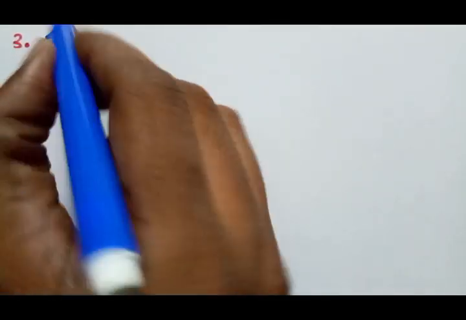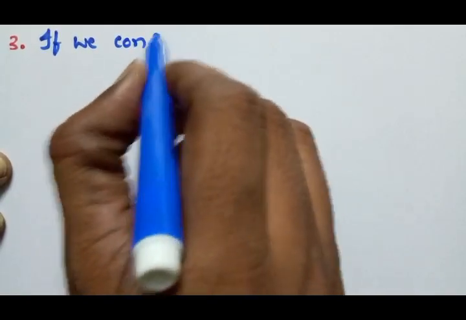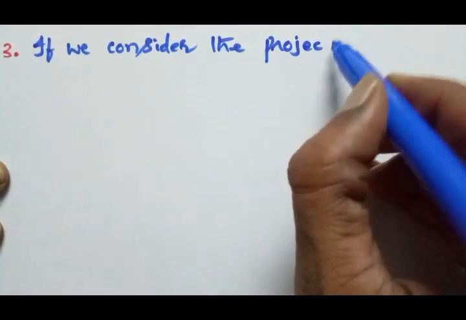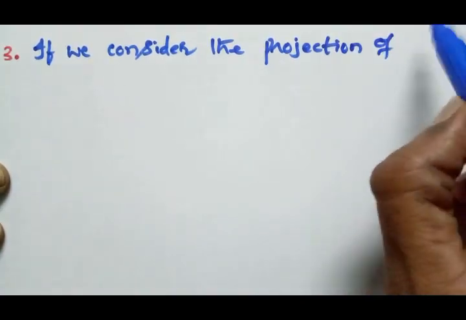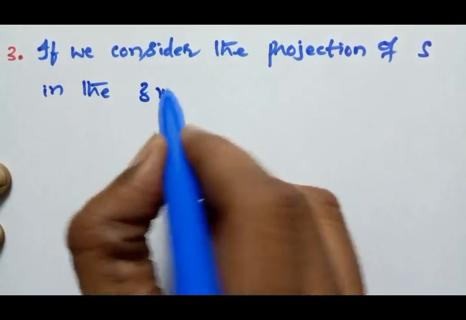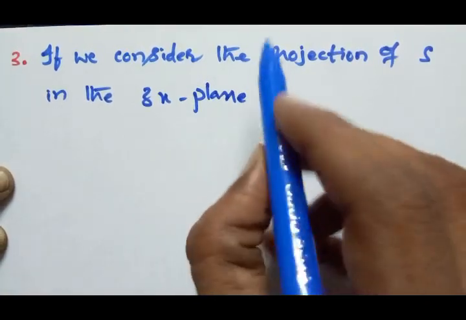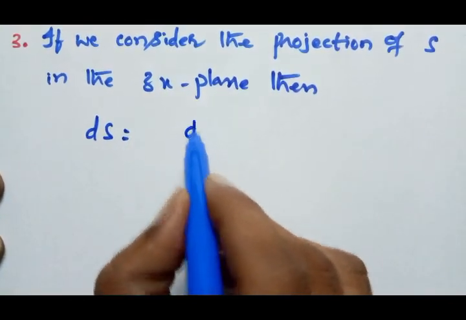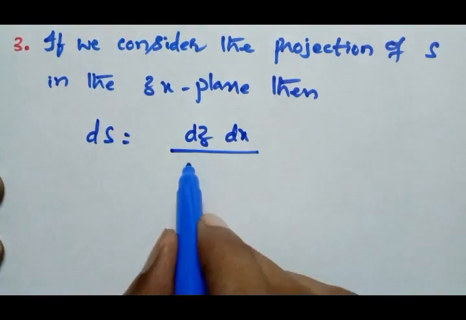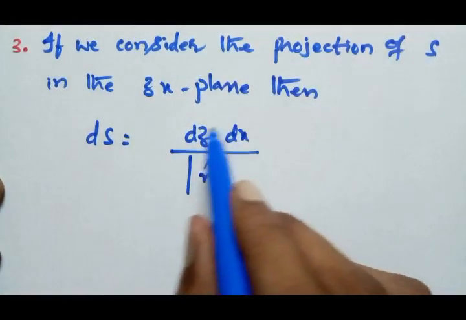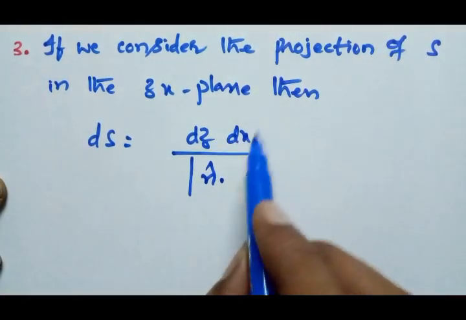Third, if we consider the projection of S in the zx plane, then ds is equal to dz dx by modulus of the unit outward drawn normal n cap dot the unit vector along the axis perpendicular to zx, that is the y axis.